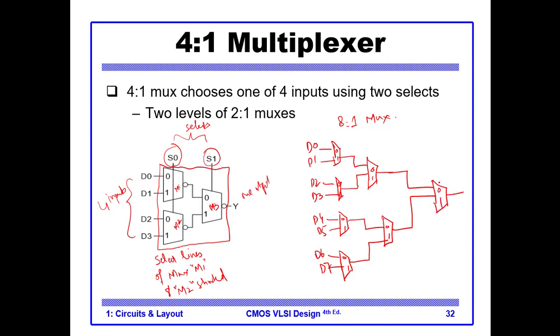So this will be our most significant select S2, and this is S1, and this is S0. So this is an 8x1 mux, and you can scale it to 16x1 or something like that.